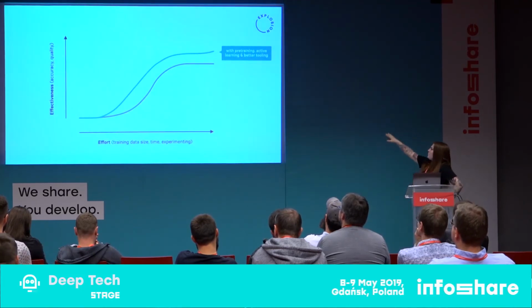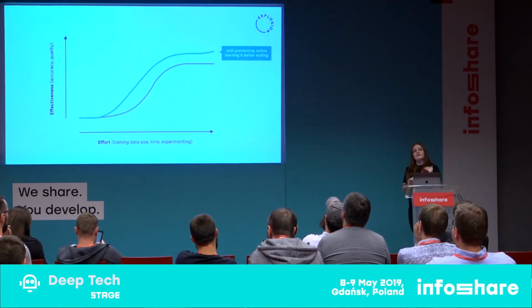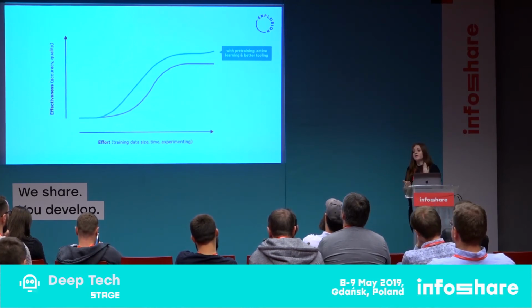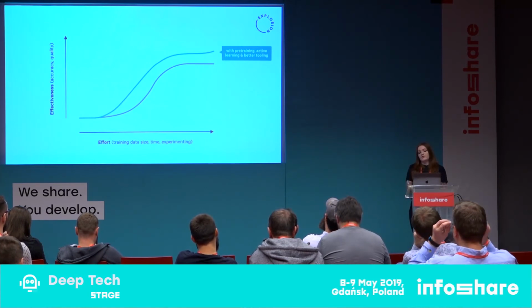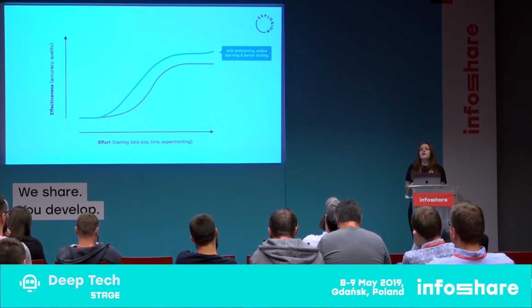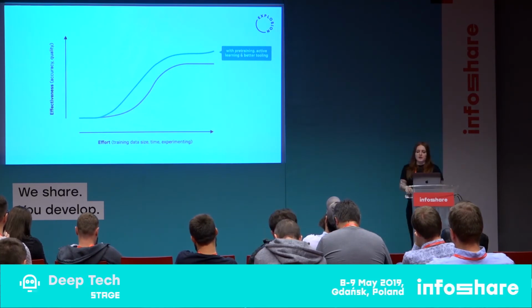And here's our little curve again. I've added another blue one, which shows a workflow where you're using pre-training, which means you need fewer examples and get higher accuracy, and also an active learning workflow where you put the model in the loop to help you select better examples and automate as much as possible, so you can collect more relevant annotations faster.